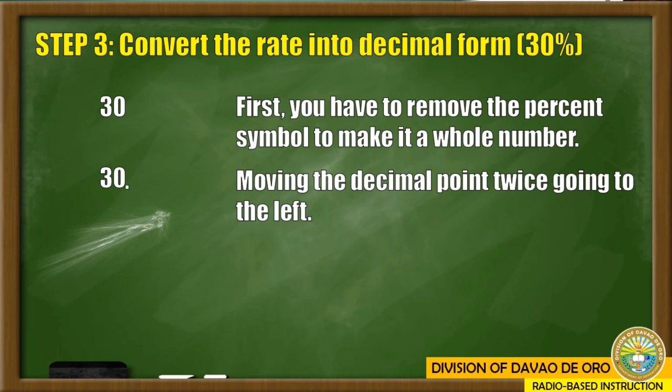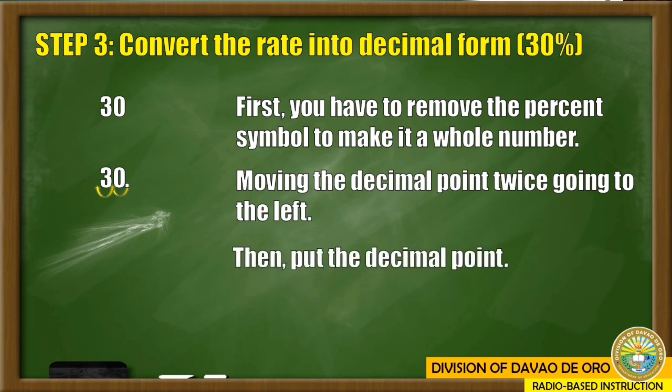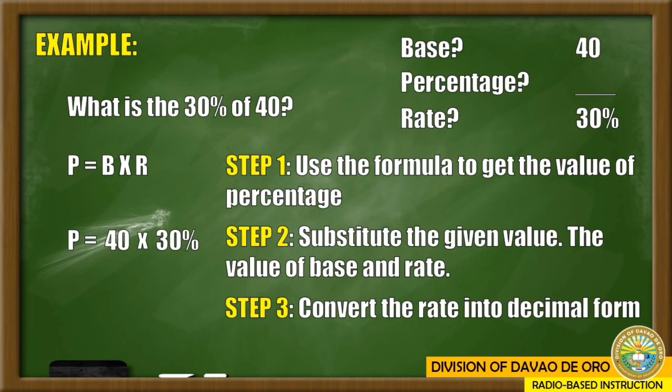Then we will move that decimal point going to the left. So 1, 2. Then put the decimal point. And it will happen like that. 0.30 rather. Understood? Good job. Okay, what is our decimal form of our rate?